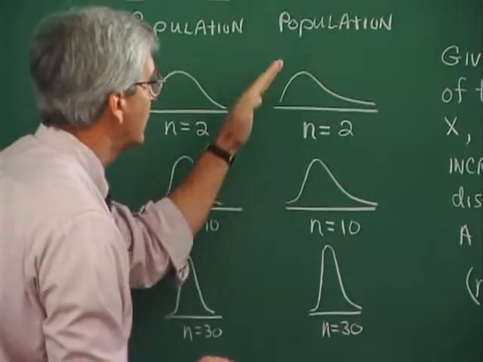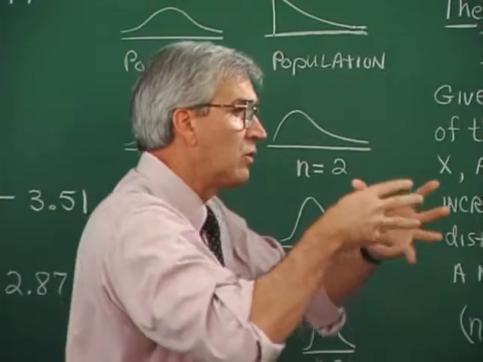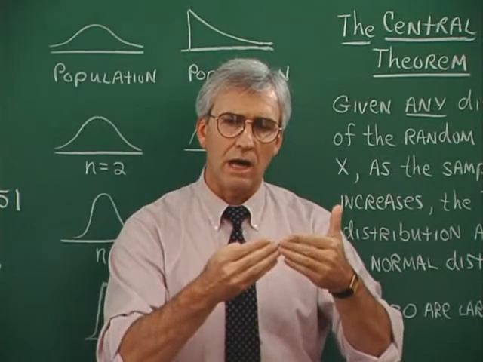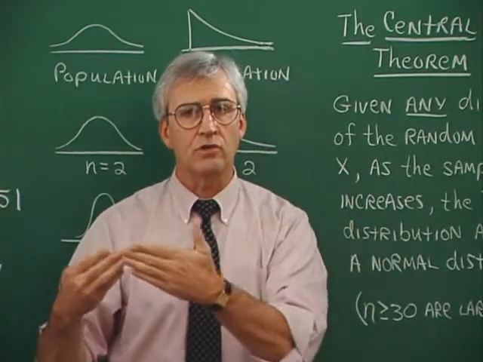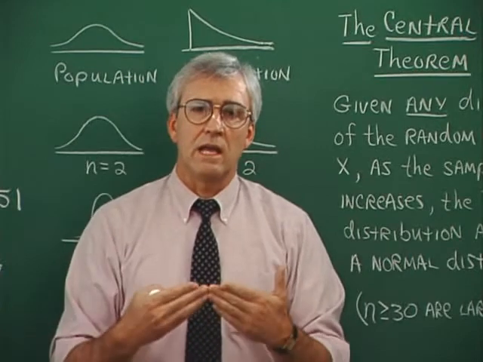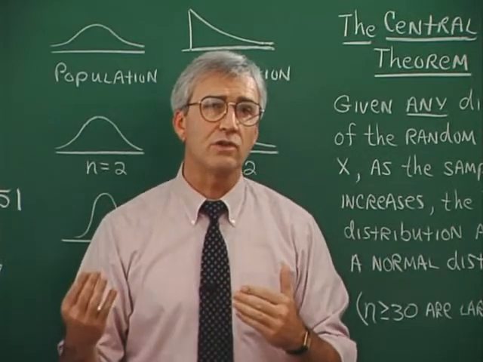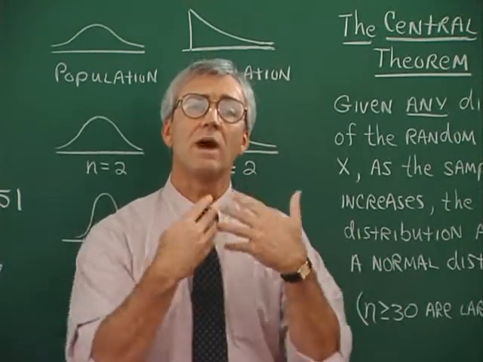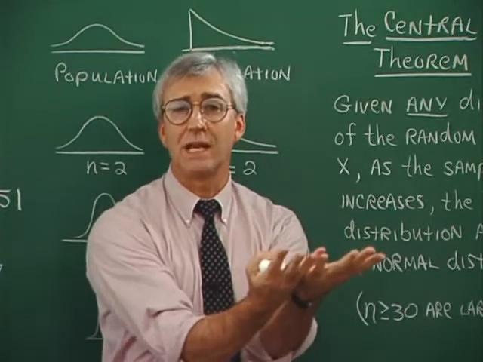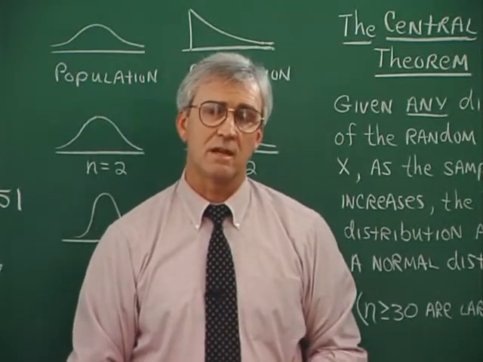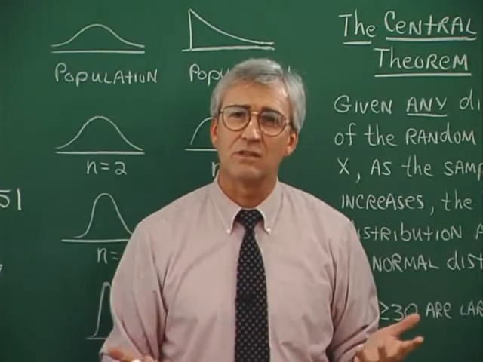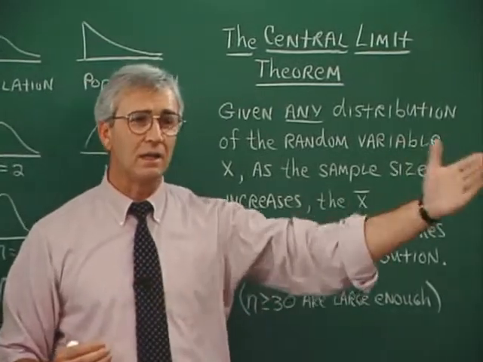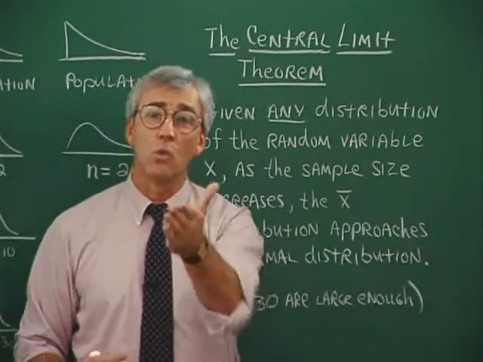Now, that should tell us something about the general relationship between our population distribution and our distribution of sample means: if the sample size is large enough, then the distribution of sample means is going to be normal no matter the distribution of the population from which these samples are taken. That's the essence of the central limit theorem, and it kickstarts a great deal of the most important work that we have before us.